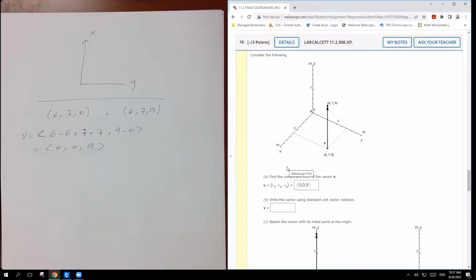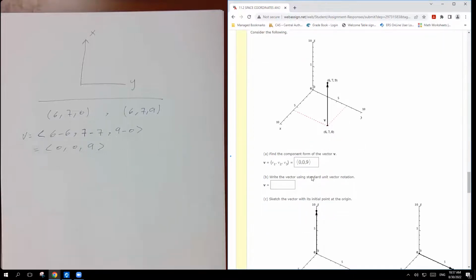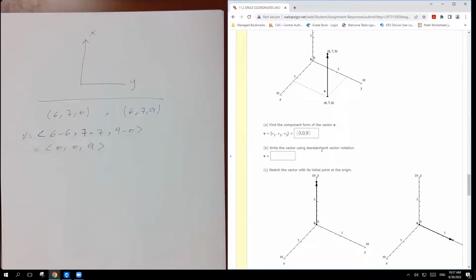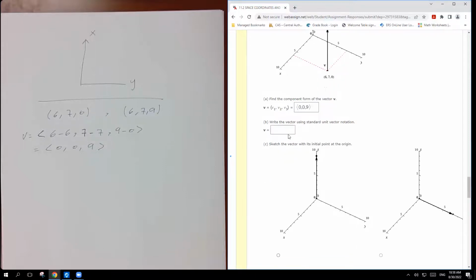You have to use the standard unit vector notation. There's no I because it's 0I, 0J. So you're just going to write down 9K. Yes, perfect. So 9K.